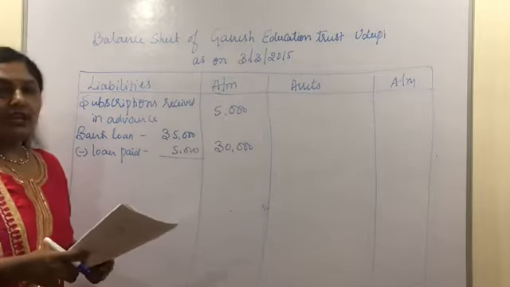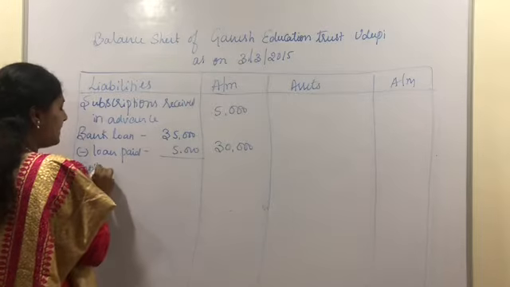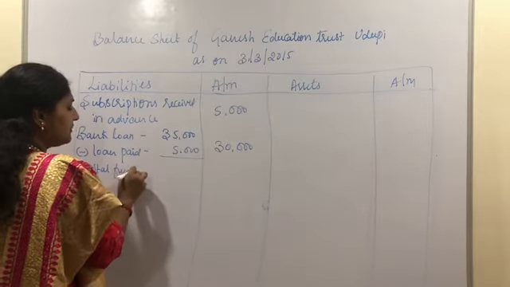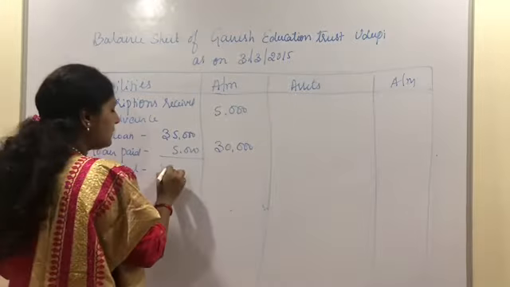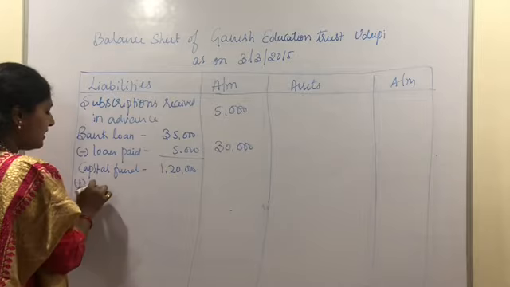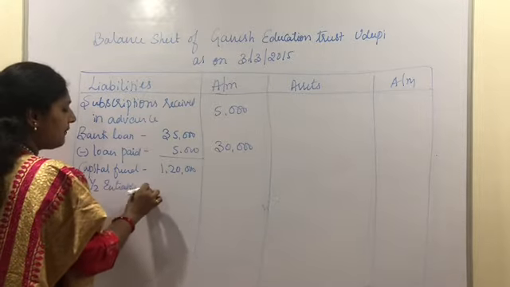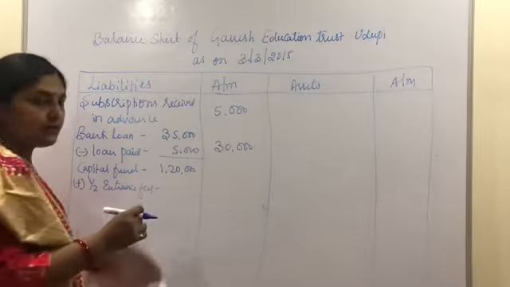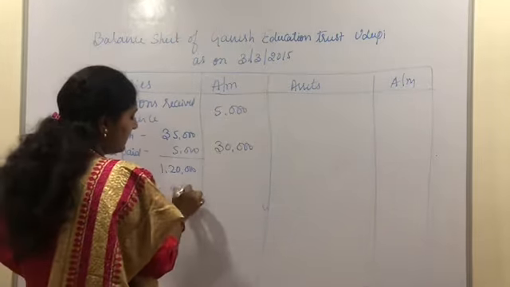Now let us record the capital items. First, we need to take the balance of opening capital fund. According to the problem, the opening capital fund is 1,20,000. We need to add half of entrance fees. We have already calculated the entrance fees 50%, which will come to 4,000 rupees.